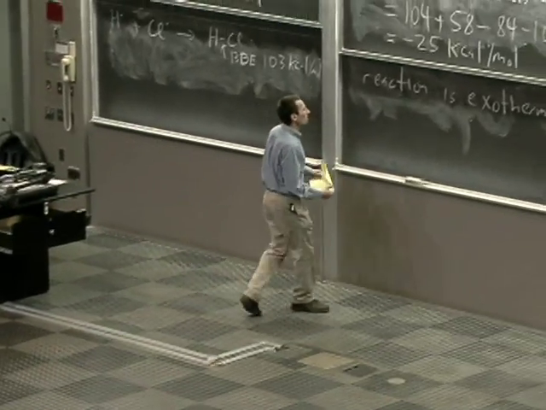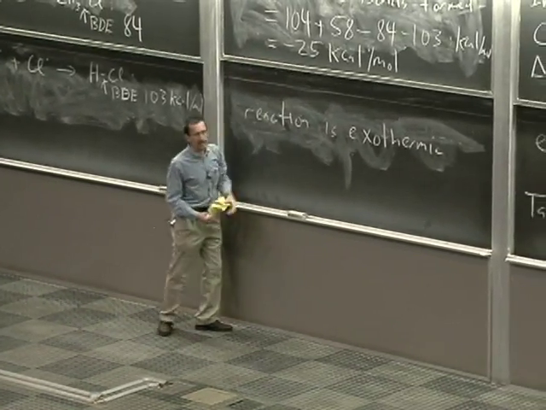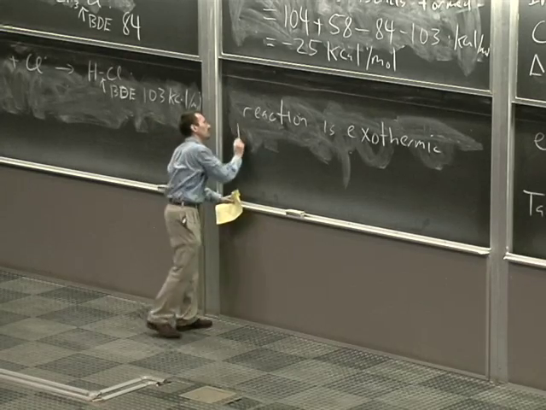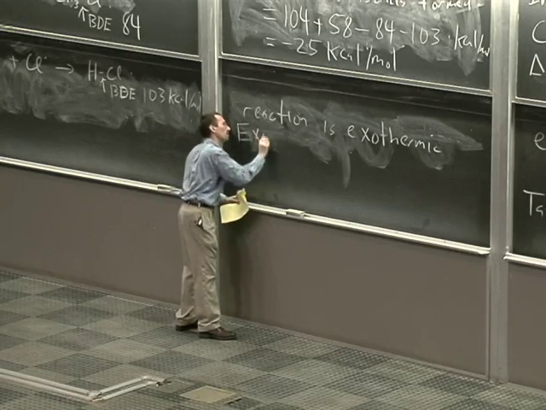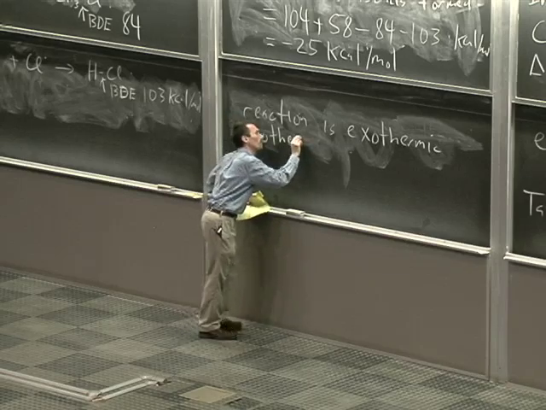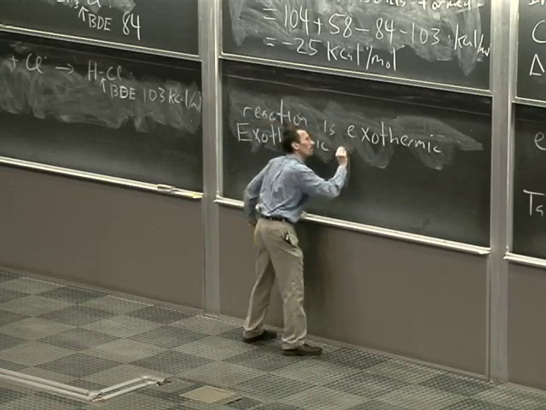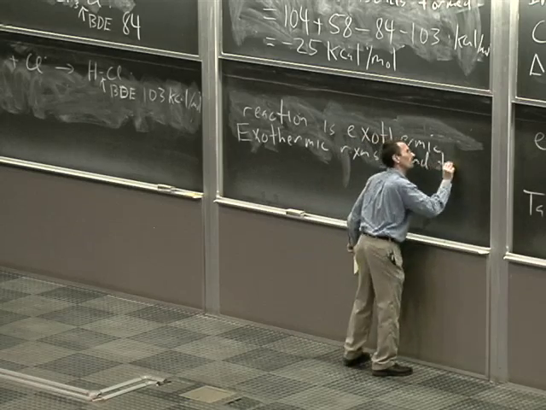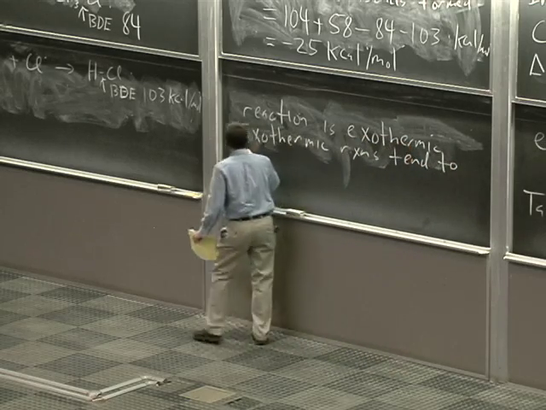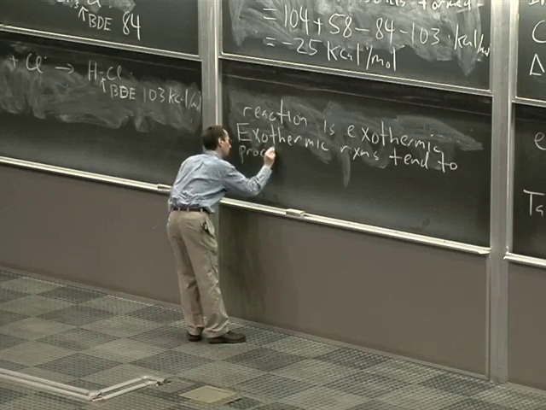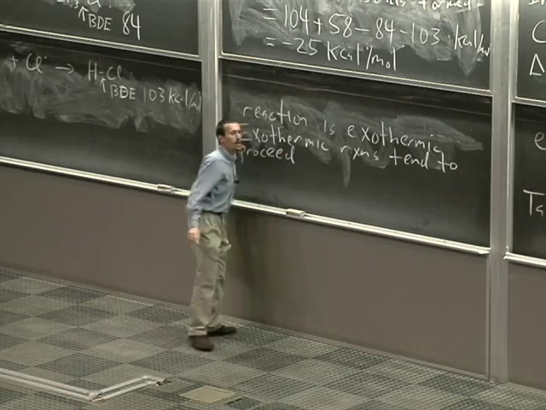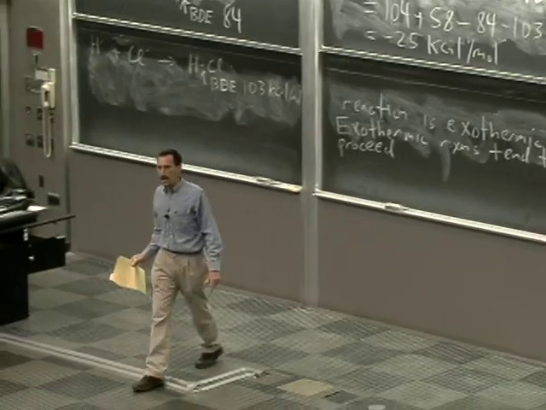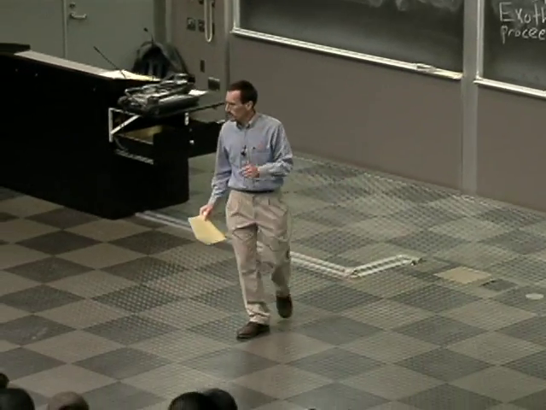Now, a general rule is exothermic reactions tend to proceed. In most reactions, you need some energy to get over energy barriers.